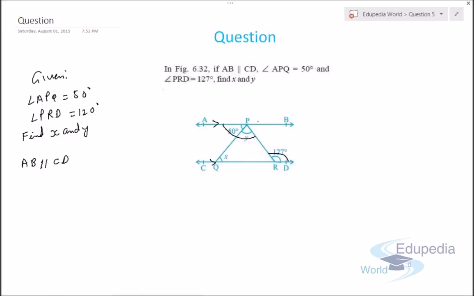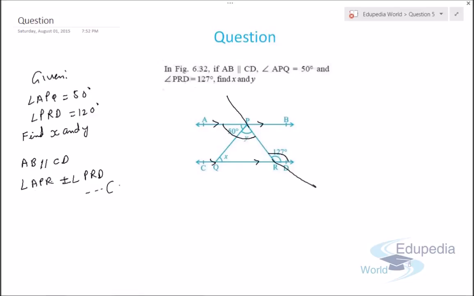Because these two lines are parallel, and if we extend this transversal like this, these two form a pair of alternate interior angles. So we can write angle APR is equal to angle PRD.